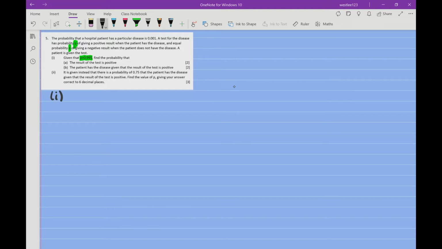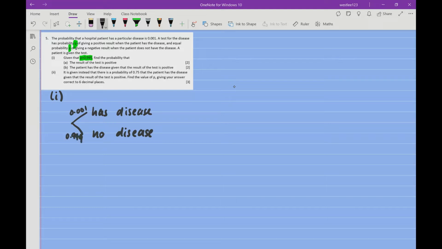Before we do the question, it will be helpful if you can draw this tree diagram out for you to have an overall view of what is going on in this question. So for someone who is taking the test, he either has disease or he has no disease. So this is 0.001.